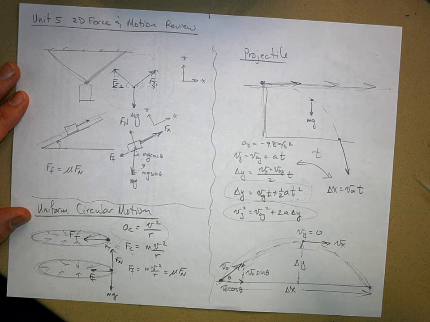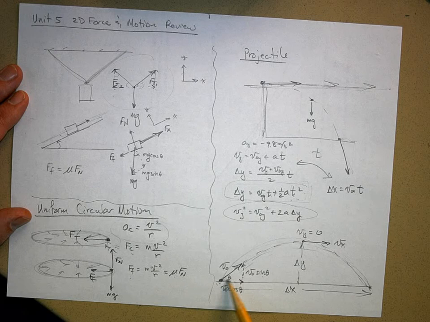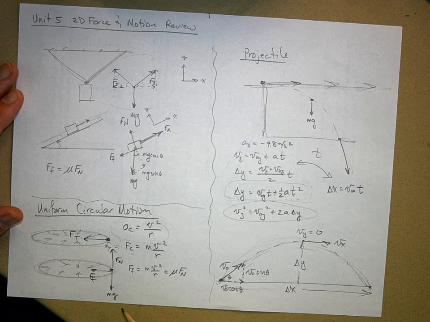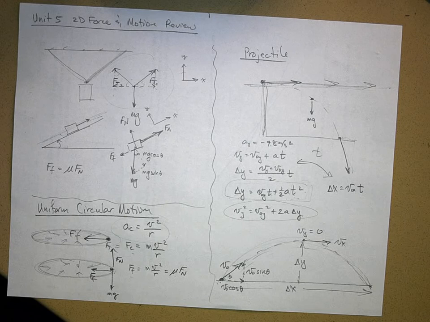Here we have velocities that have x and y components. Here we have forces that are changing direction as we go around a circle. So it's basically like what we did before, but we're extending it to more realistic situations, when you move around in 2 and even 3-dimensional space.